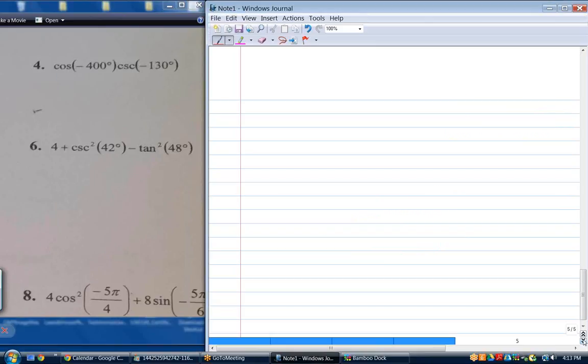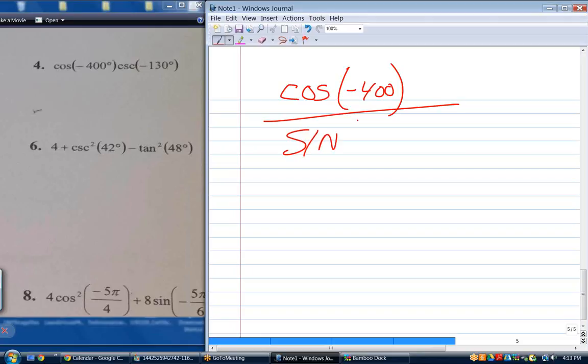So tell me the first thing that I want to do with problem number 4. So I'm going to switch cosecant to sine. Okay. All right, like reciprocal. So. Right. Okay, so we have this. And cosecant is the reciprocal of sine, so I'm going to put it there.